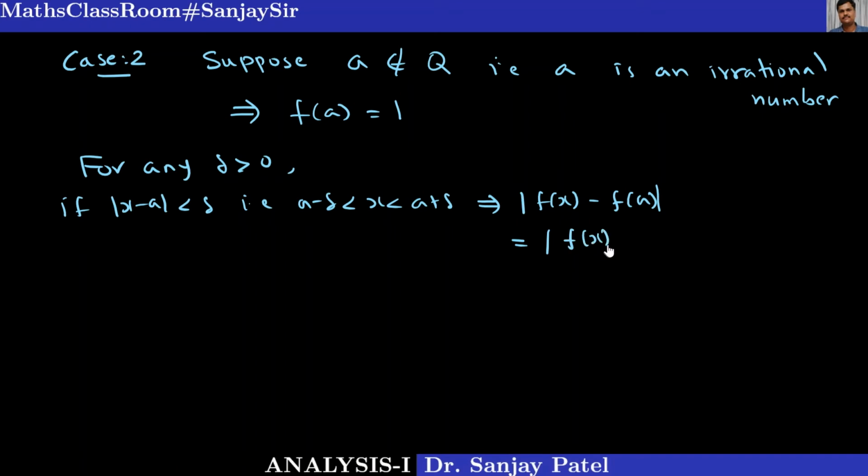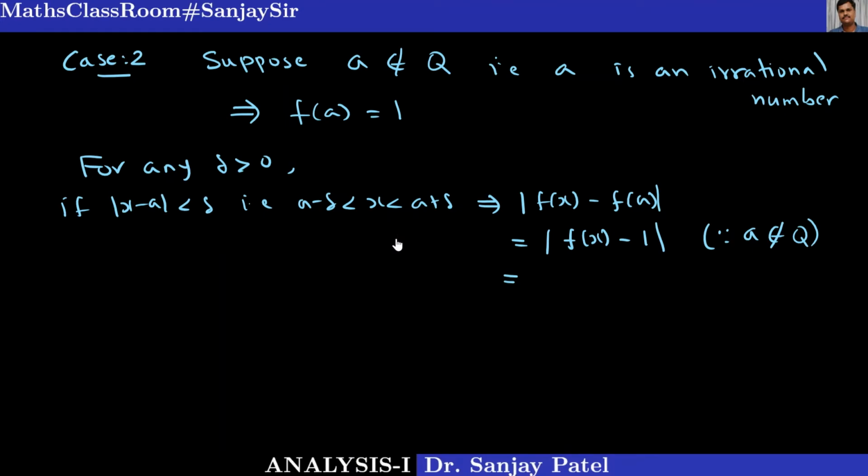So I will get f(x) minus 1. Here x is any point between a minus delta and a, or a and a plus delta. So I can take anything I want. There are infinitely many rationals and irrationals.